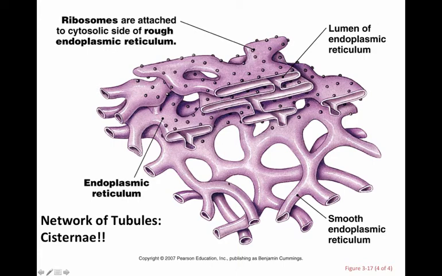Again, this is smooth ER and this is rough ER with the bound ribosomes. Ribosomes are attached to the cytosolic side of the rough ER in this example. And the lumen of this rough ER, you see that? The lumen is just representing an open area, okay? This is a lumen. So this would be a lumen here as well in the smooth ER.